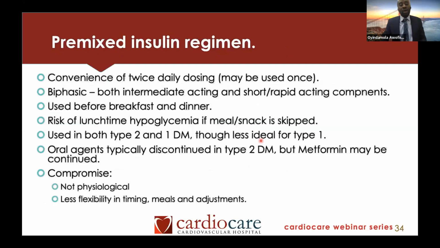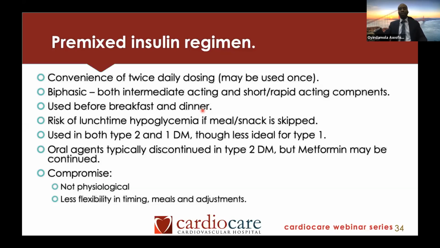We also have the premixed insulin regimen that I've talked about to some extent earlier. I mentioned earlier that the risk of lunchtime hypoglycemia is there if the person does not eat at lunchtime. Let's say I'm using a twice daily premixed insulin, and the doctor has put me on Mixtard 20 units in the morning, 10 units before dinner, and I took my Mixtard before breakfast at 8 o'clock.